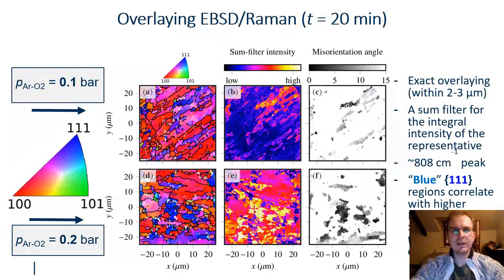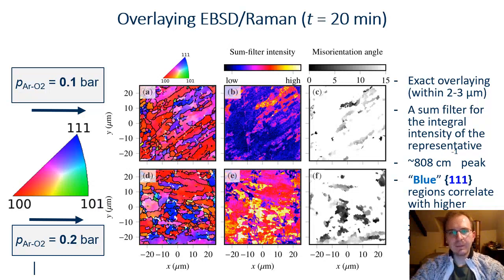Next, we used the Raman machine in the mapping mode to infer the variation of the intensity of the dominant Raman peak, and also to relate it to the previously acquired data on the orientation of the substrate grains.